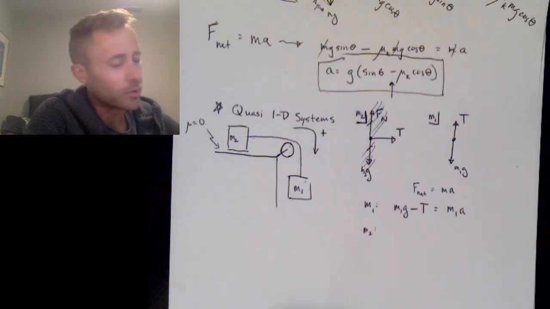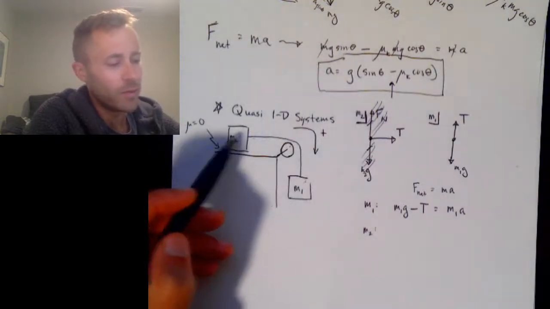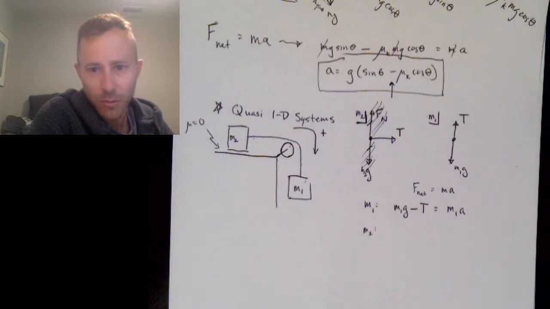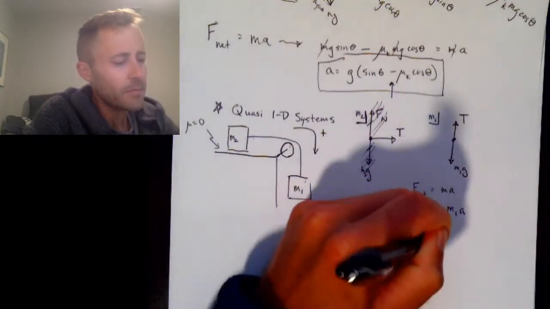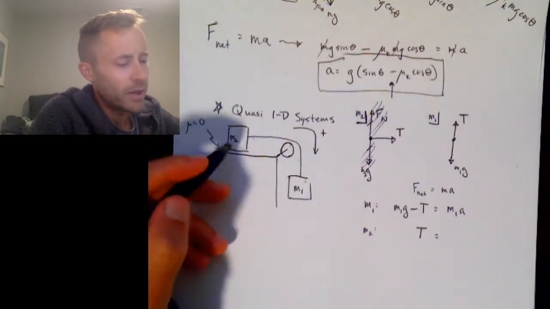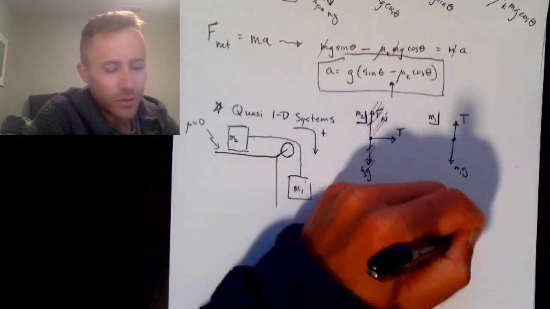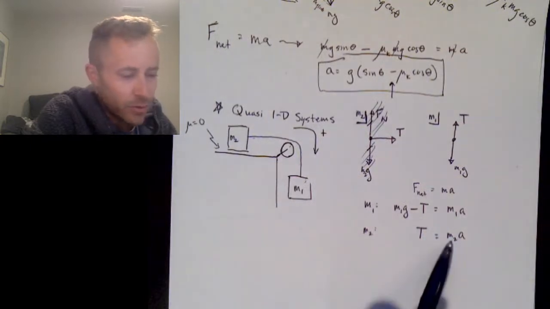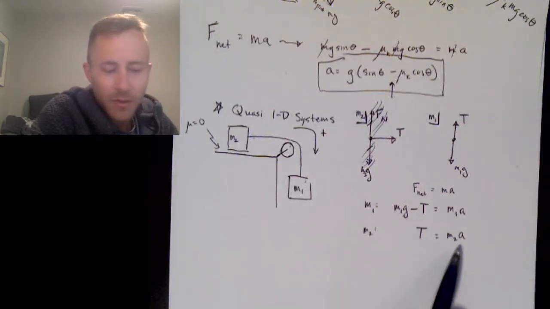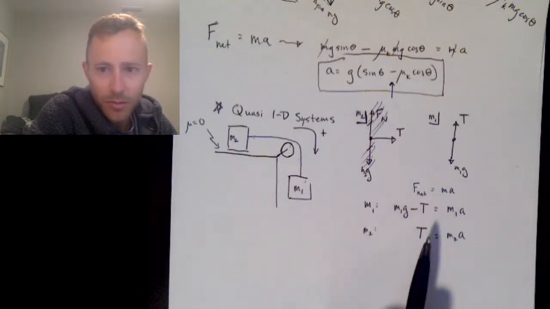Really the only force that's moving m2 is the tension of the rope. So the net force is just T, and that equals m2a. Notice how I'm writing Newton's second law for the mass m2: I have m2a, not m1a, but m2a.